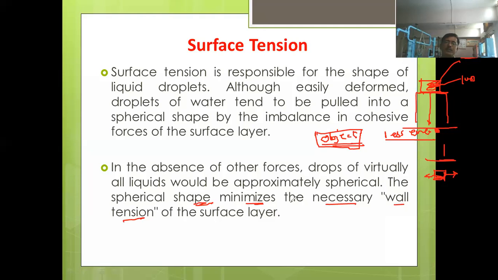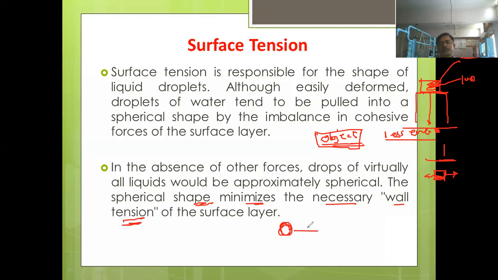Similarly, any object, any droplet, wants to experience the minimum or least energy, and when that droplet is spherical in nature, it will have the minimum surface tension force acting on it.